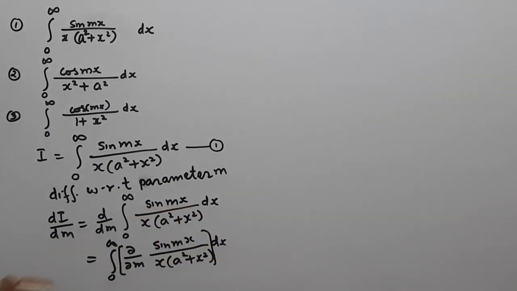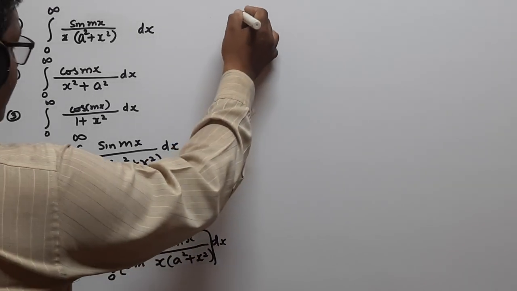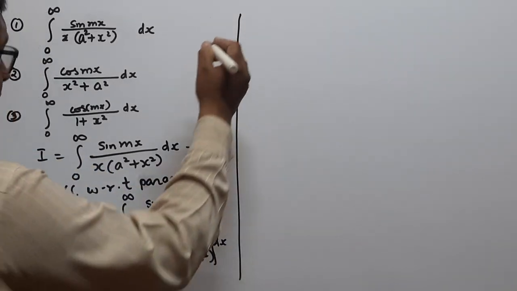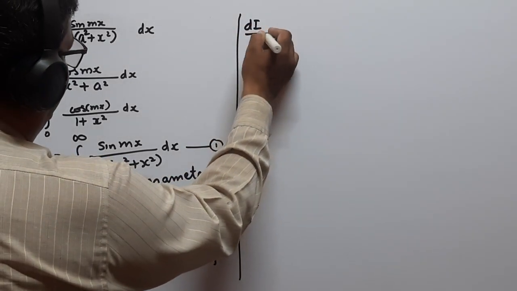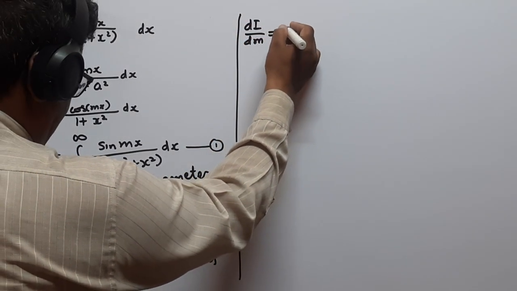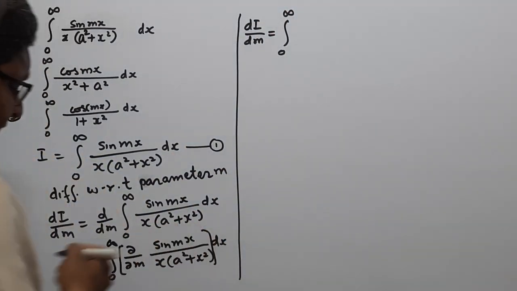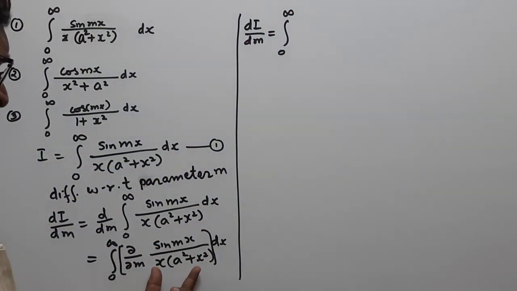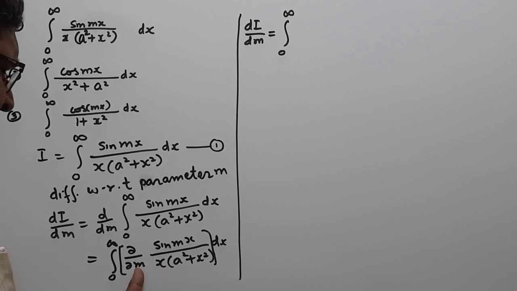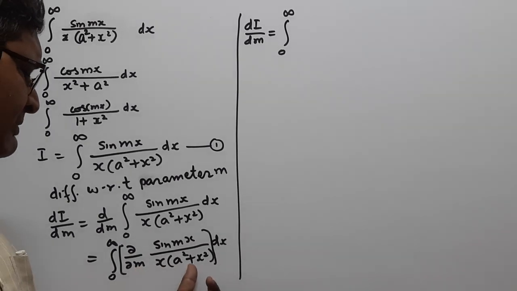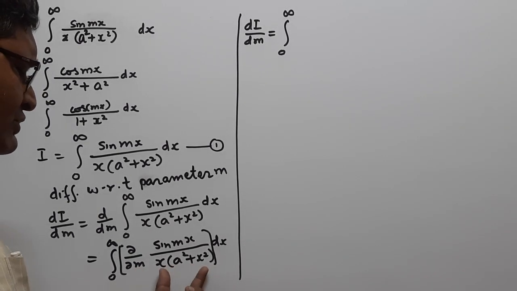So first we differentiate this sin mx divided by x multiplied by a square plus x square partially with respect to the parameter m. So dI upon dm is equal to the integral from 0 to infinity of... when we differentiate partially with respect to m, x multiplied by a square plus x square is constant.